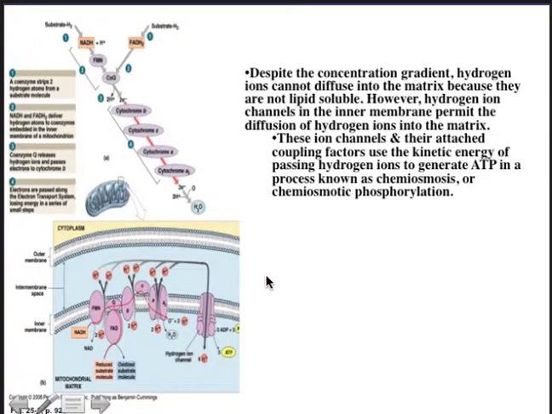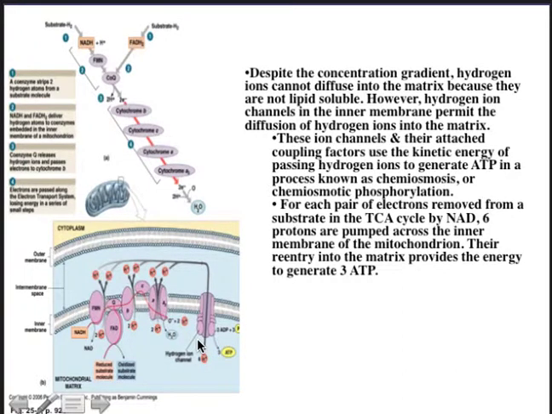So this is why I was trying to draw the analogy to a hydroelectric plant. As these protons flow from a high concentration area to a low concentration area, that movement represents kinetic energy that is literally trapped inside this generator and is used now to phosphorylate ADP and generate ATP. So the more protons move across, the more ATP you're going to produce.